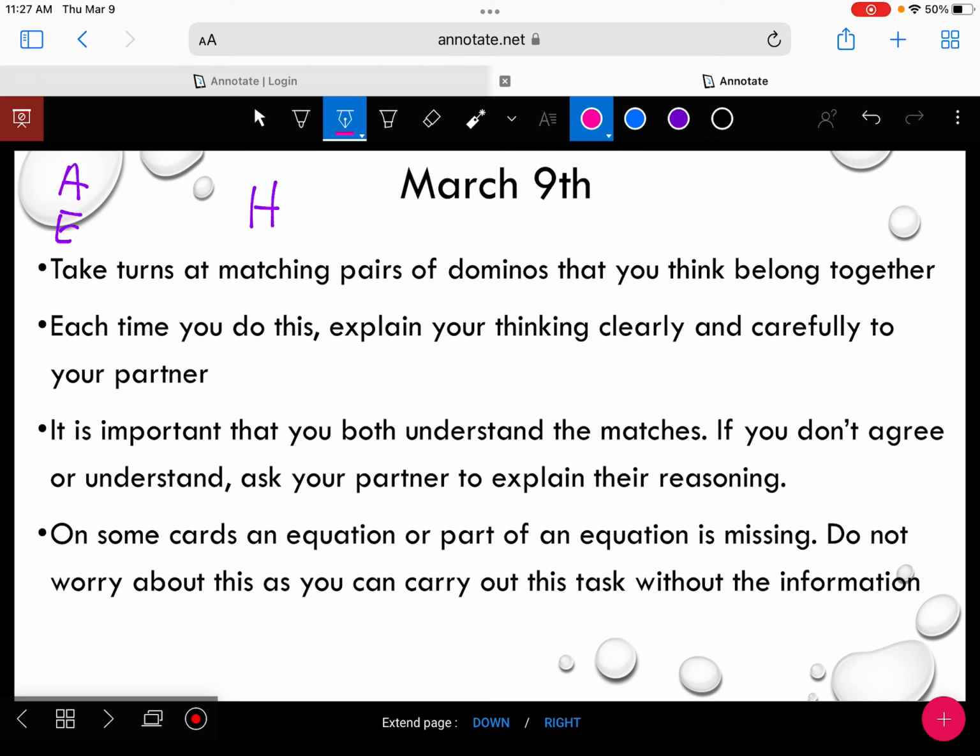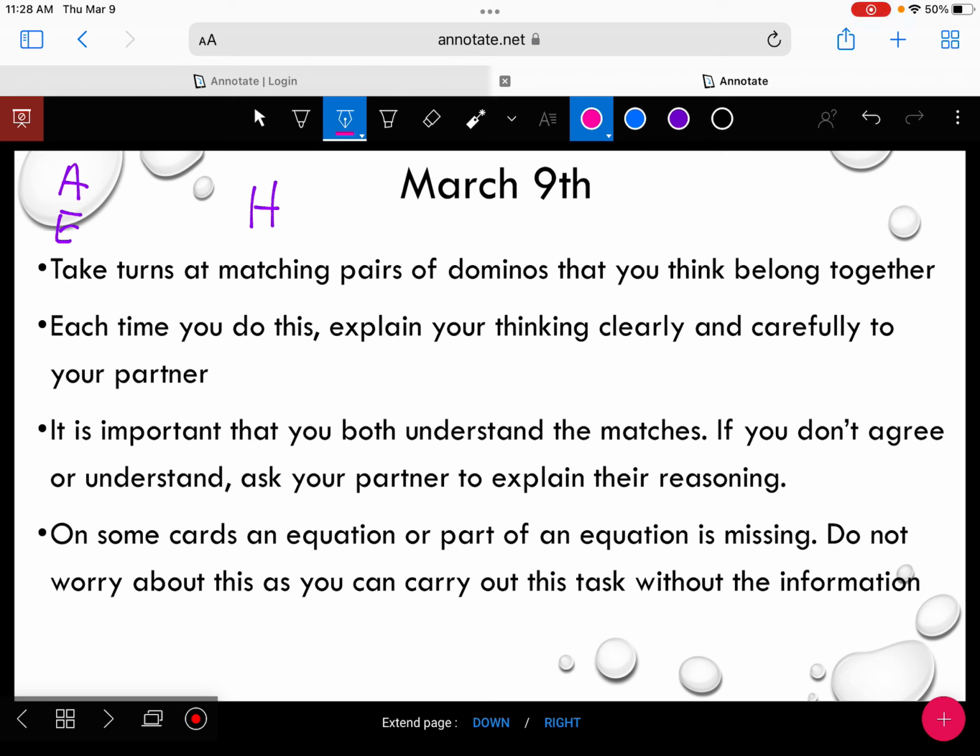The graph on this card will match up with the equations on this card, or the graph on this card will match up to the equations on that card. So whatever equations are on the card do not match the graph on the card. You've got to match them up like this. Okay? So H is in the middle and A and E go on either side.